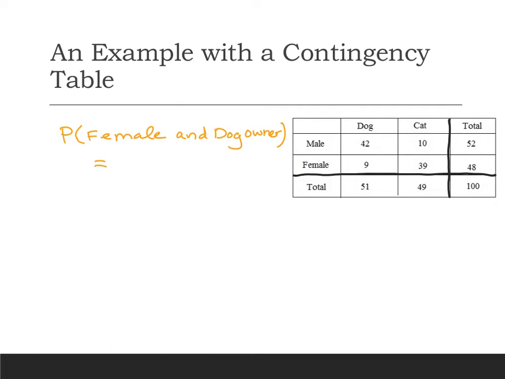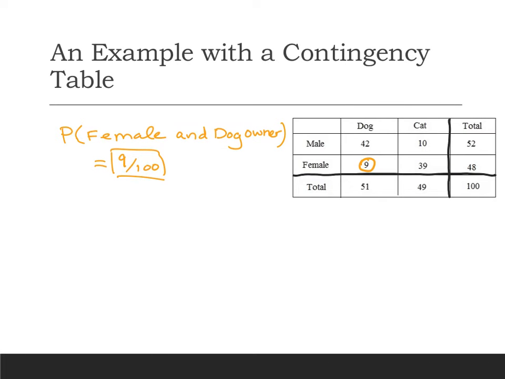Well, in that case, I just need to look for that cell, that number that fits both of those. So and means both. So female and a dog owner, that's going to be 9 out of 100. And then we're done. That's our answer. Other than perhaps changing it into a decimal, 0.09.